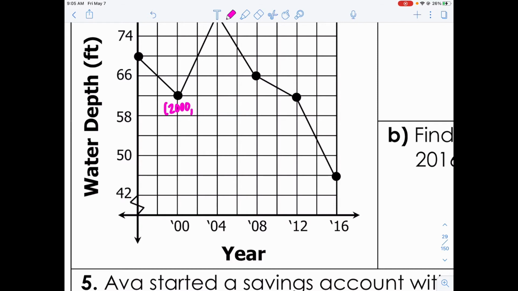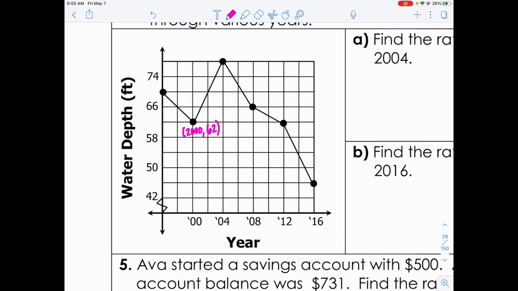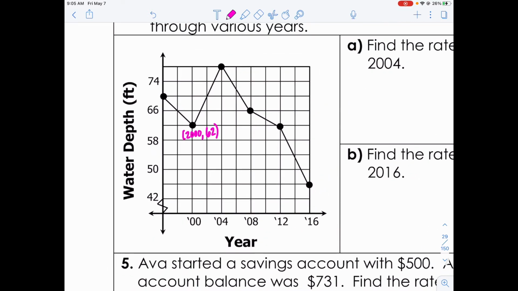So that y value is 62. I'm going to go to my next ordered pair. That's 2004. And the y value for that is, these tick marks are going by 4, so that's 78.